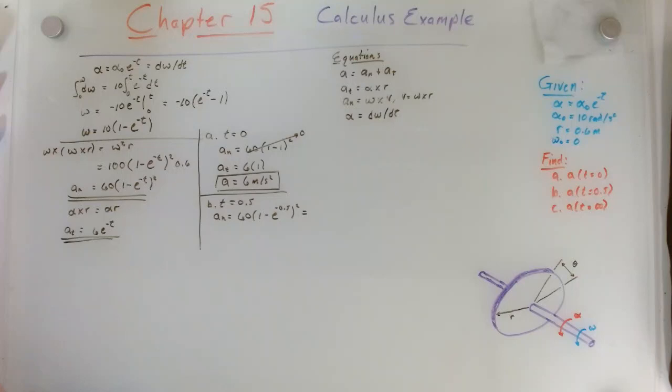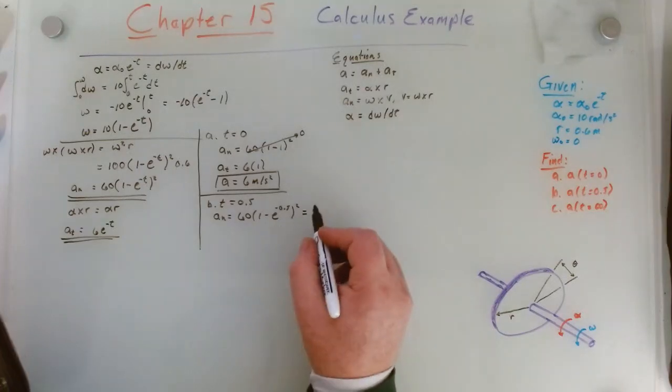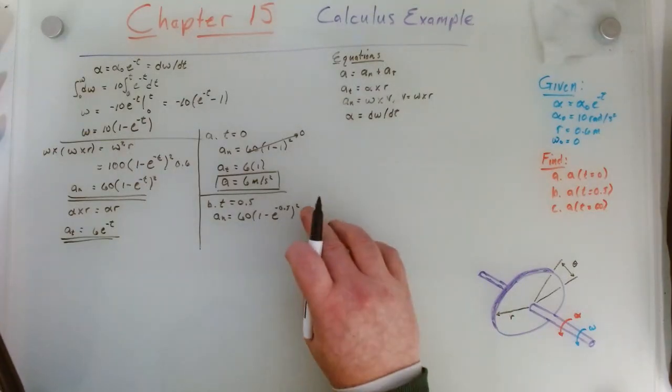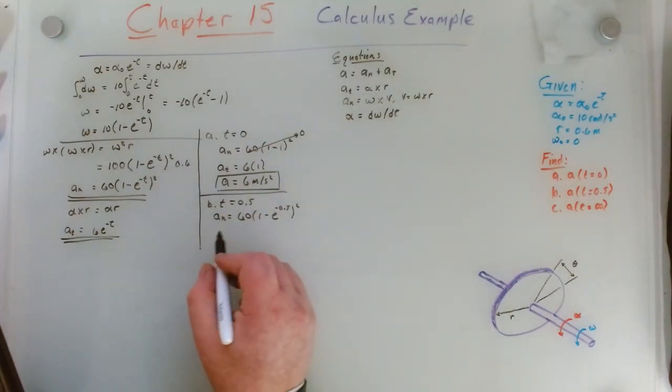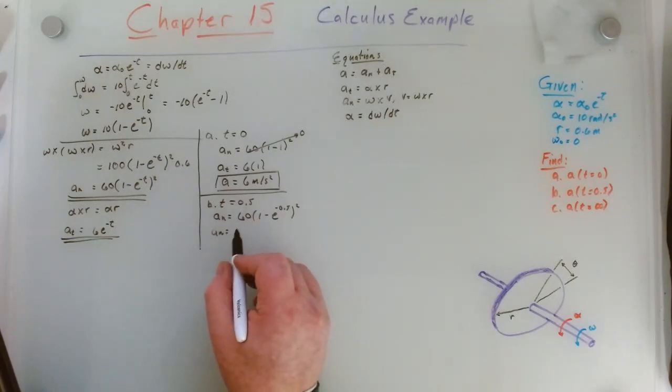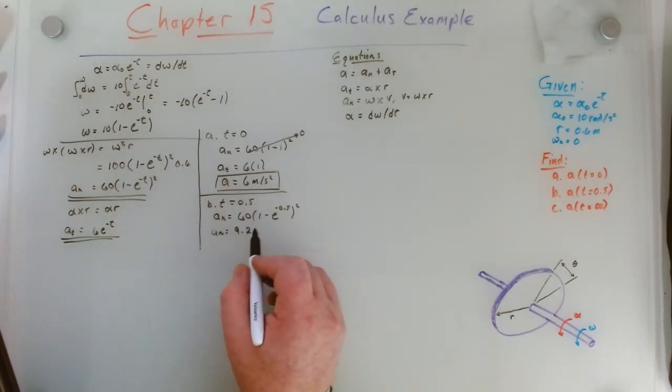Let's see. 60 times 1 minus e to the minus 0.5, squared. Okay, and that is, let me go ahead and bring it down. I may need room over there. So a sub n is equal to 9.289.